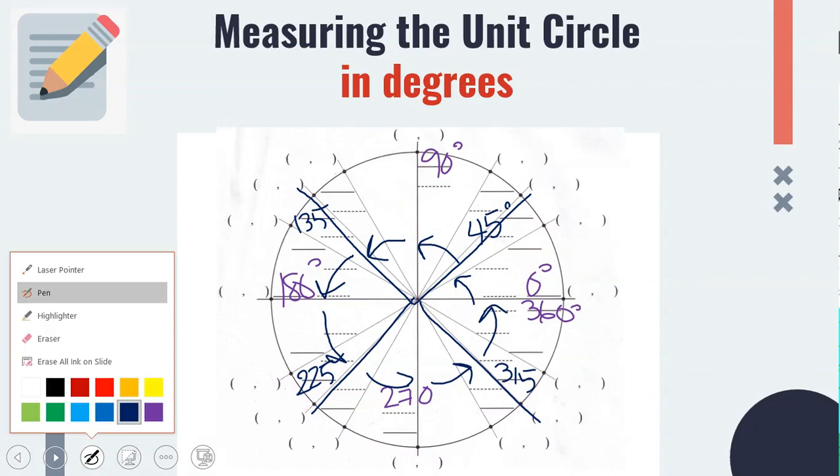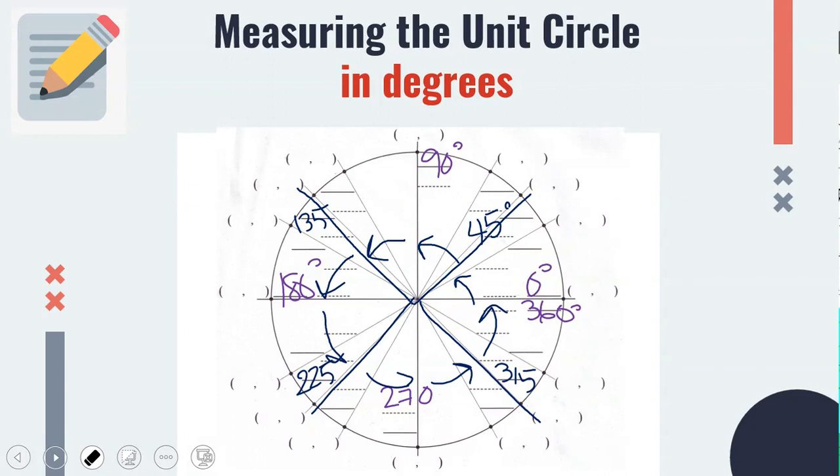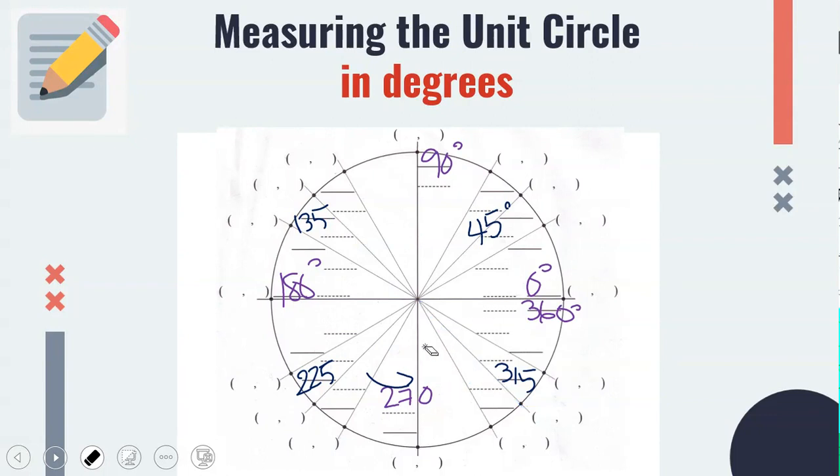So far, we've filled in a lot of it. Let me get rid of these main things right here in the center. We have filled in 0, 45, 90, 135, 180, 225, 270, 315, and 360 degrees.